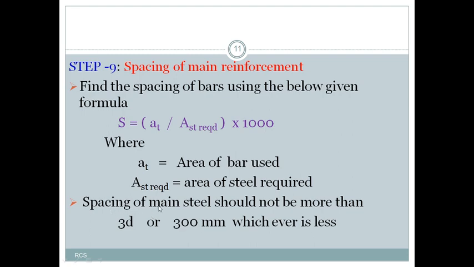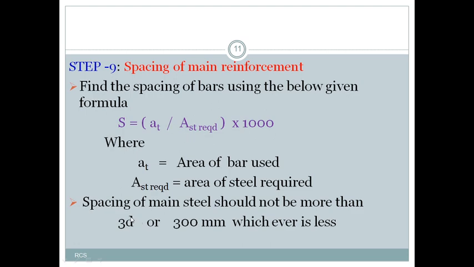The spacing of main steel should not be more than 3d or 300 mm, whichever is less. For example, if the spacing you obtained from your calculation is more than this 3d and this 300 mm, where 3d is somewhere 450, which value do you have to adopt?